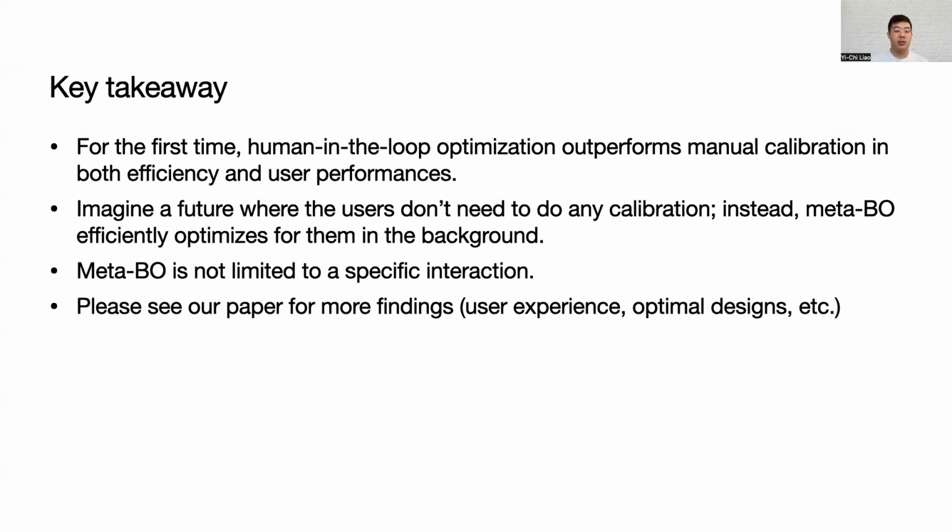This is great because it enables the opportunity where users don't need to do any calibration, but Meta-BO does all the optimization very quickly in the background. More importantly, Meta-BO is not limited to a specific interaction. We believe this shows its potential to replace many calibration procedures in HCI in the future.